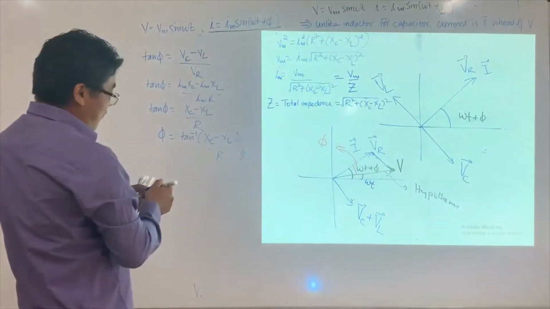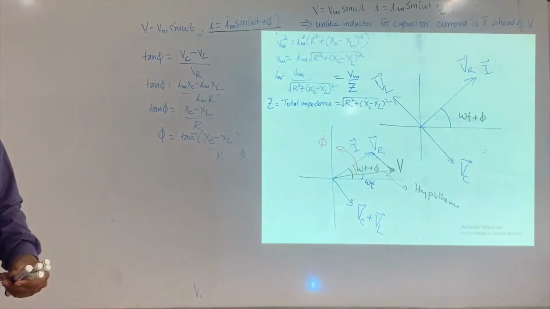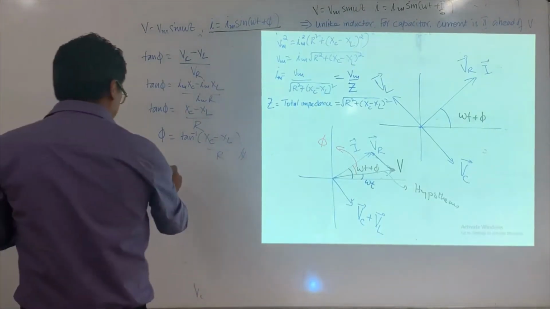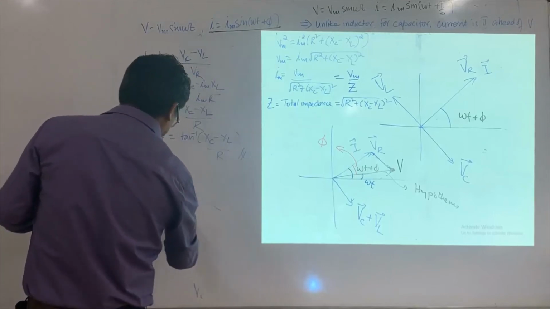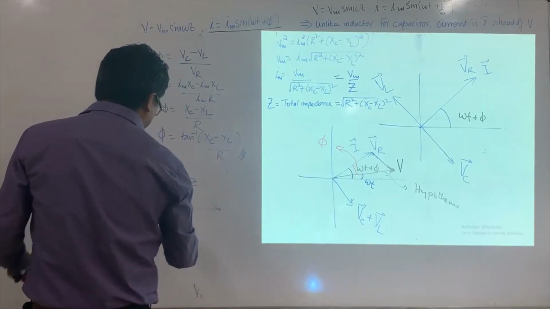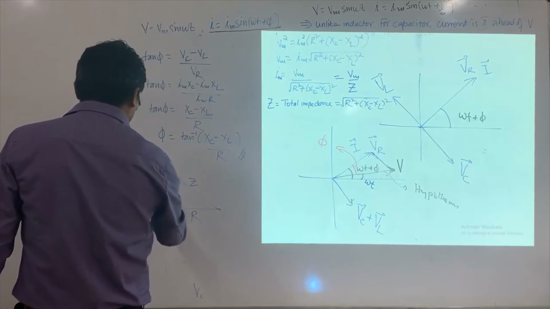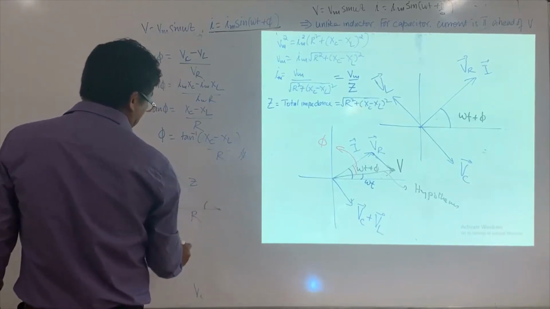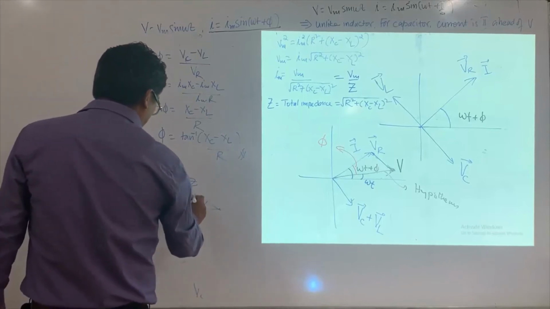So I have one more diagram. Alright, this I can show you. This is going to be Z, this is going to be R, this is going to be XC minus XL, and this angle is going to be phi.